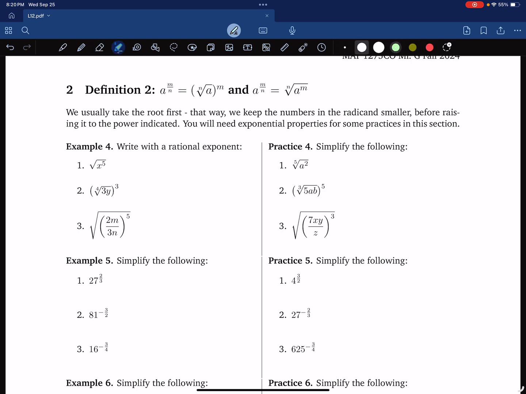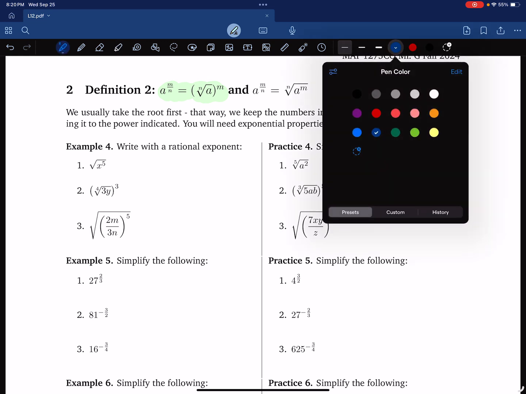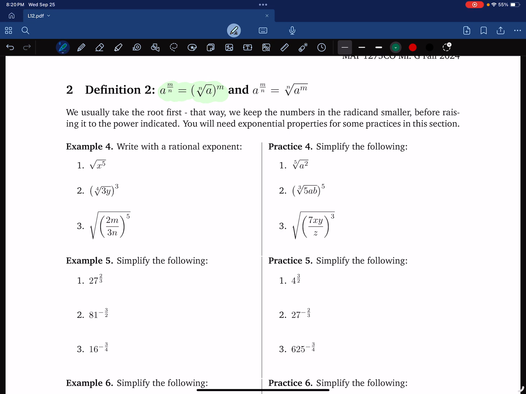Let's check out this definition, right? So it's basically saying that if you have an exponent with a rational exponent, you have m over n. The same kind of conclusion applies. Actually, I'm going to use the second definition right here. So right here is what we concluded earlier, right?